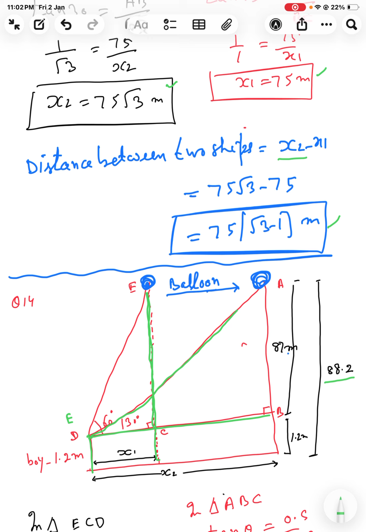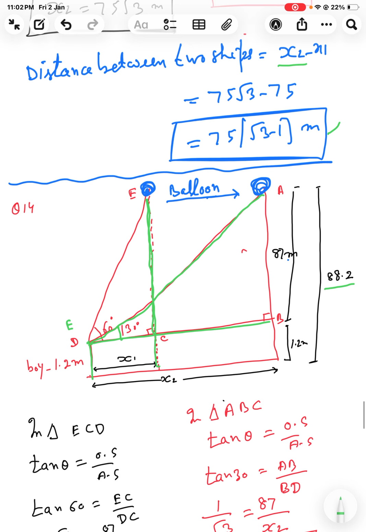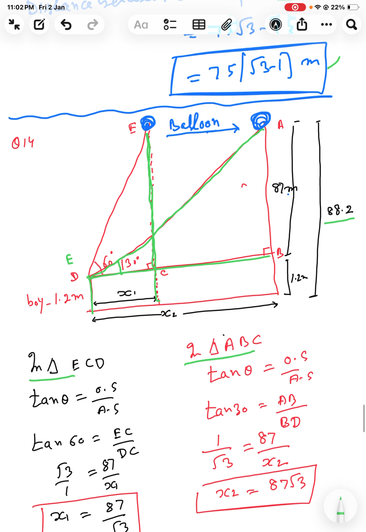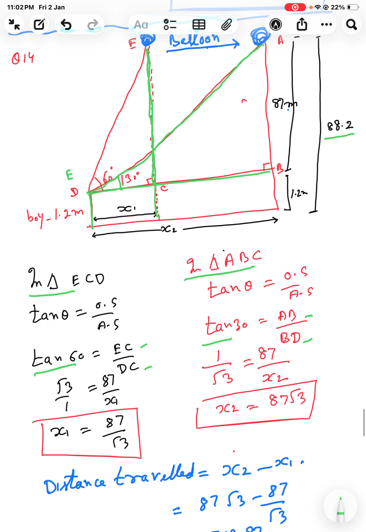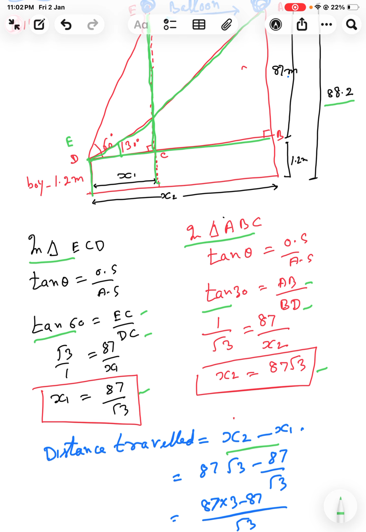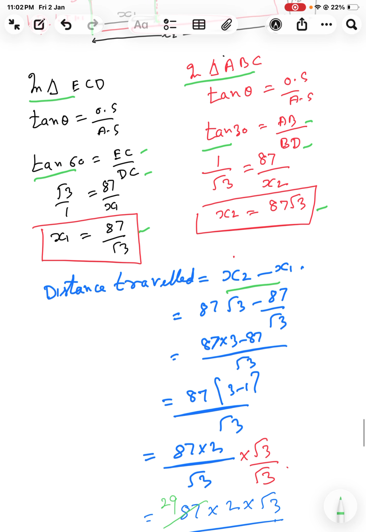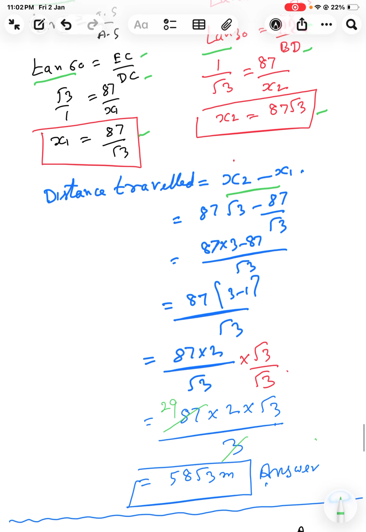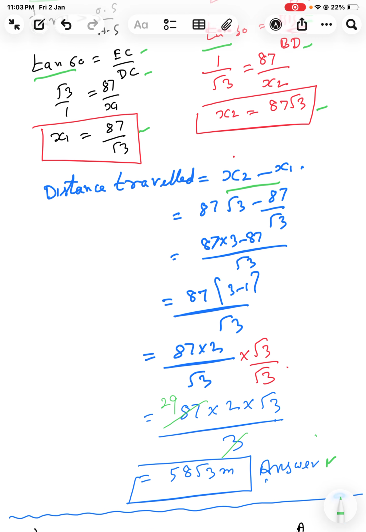After losing his string, the angle changes from 60 to 30 degrees. Now in both triangles, apply tan theta. Tan 60 opposite side EC and DC, in tan 30 AB and BD. In both cases, x1 is 87 upon root 3 and x2 is 87 root 3. Distance travelled x2 minus x1, after simplification, after rationalization, is 58 root 3.